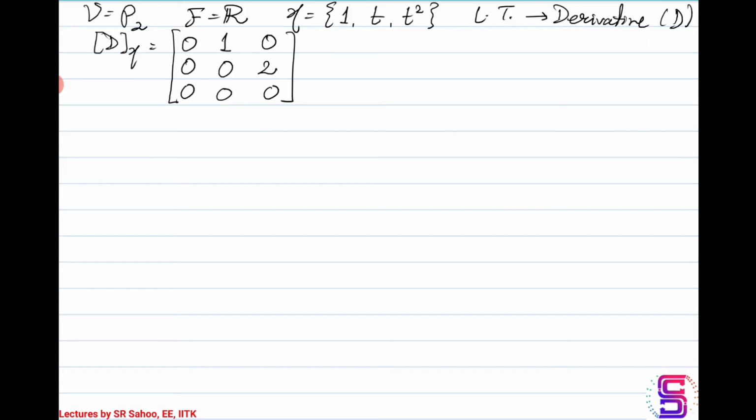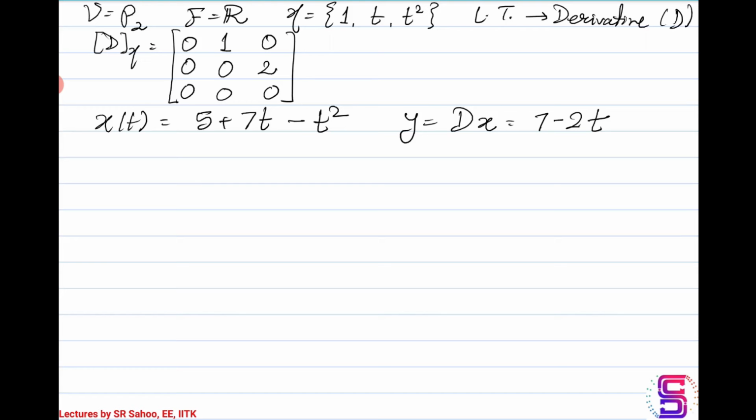So this is what we have. So let's say that you take a polynomial which is 5 plus 7t minus t square. Okay, so what is y that you get when the derivative operator acts on this? It is nothing but 7 minus 2t. This is what we get. Now the coordinates here are what?